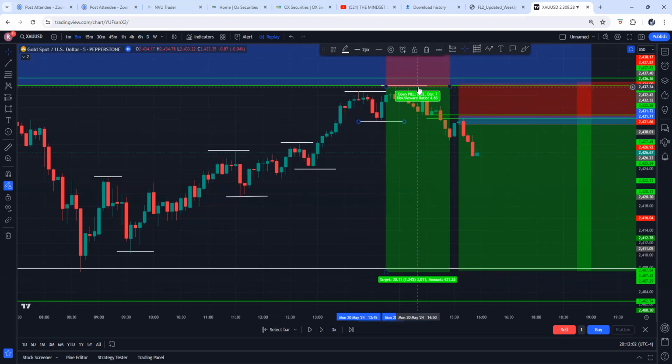Nah, the high is strong. Remember, if that low gets broken, the high is strong now. It's a strong high because the low is broken, correct? The high is strong because it breaks the low.